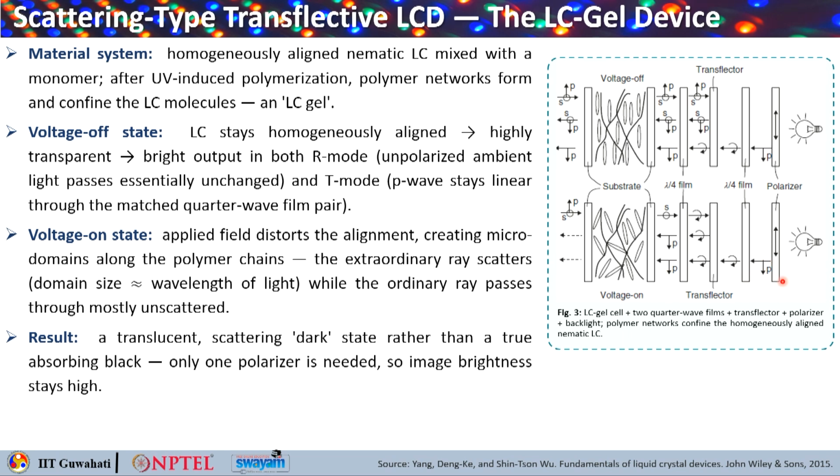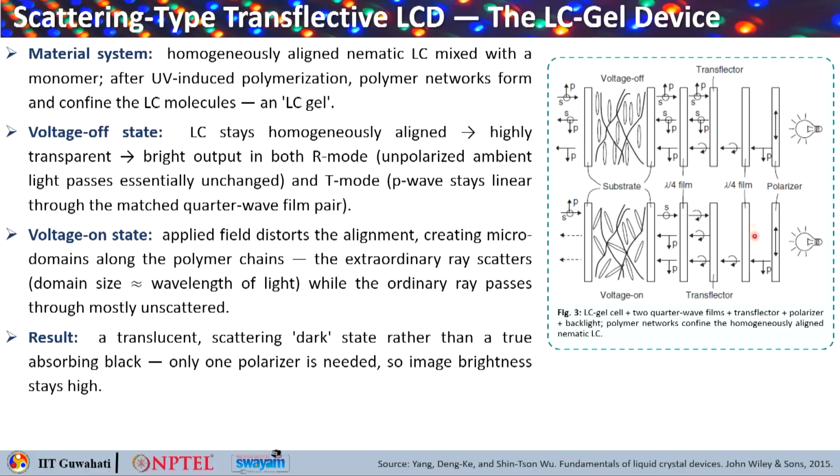So a much larger fraction of the incident light budget survives to reach the viewer, because if you put another polarizer, that reduces another 50% of the light falling on it, or even more, because a polarizer only allows one particular polarization. So when you have only one polarizer, that allows you to have more brightness from this kind of designs.